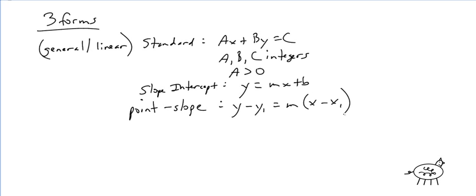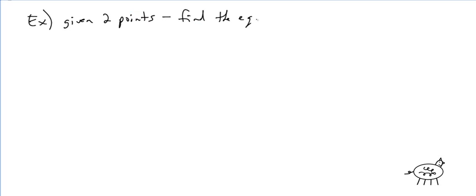So let's do an example here. Given 2 points, find the equation in all 3 forms.